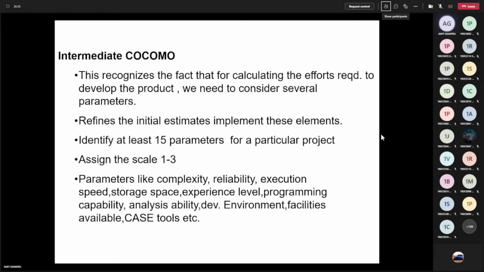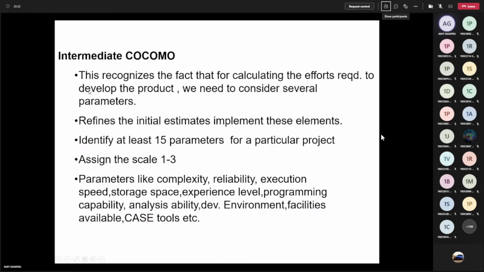We haven't considered all these parameters. So if you consider this kind of parameter, identify at least 15 parameters, and then assign a scale between 1 to 3, and then refine the estimate you have done with basic COCOMO. Then you can have a better cost estimation than what we have done with basic COCOMO, right?